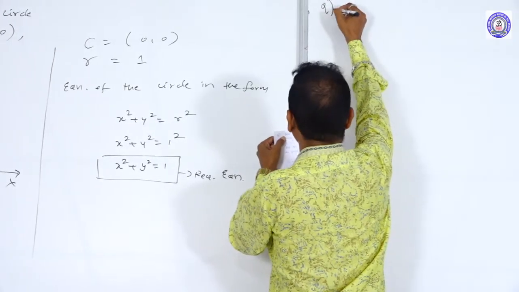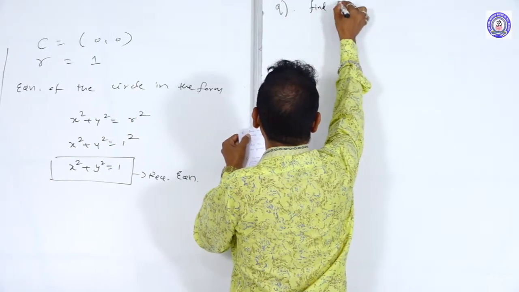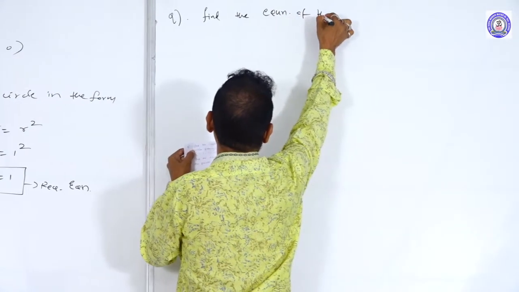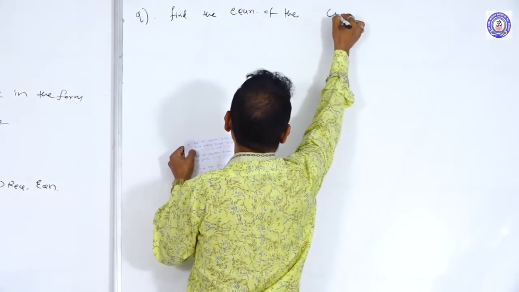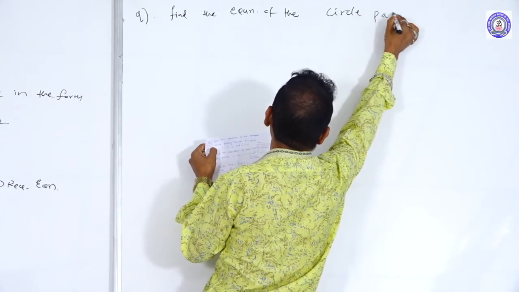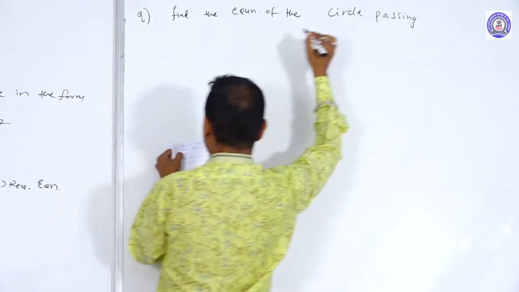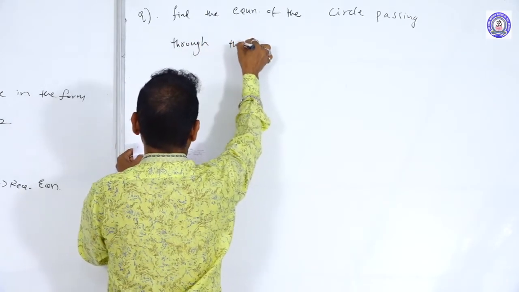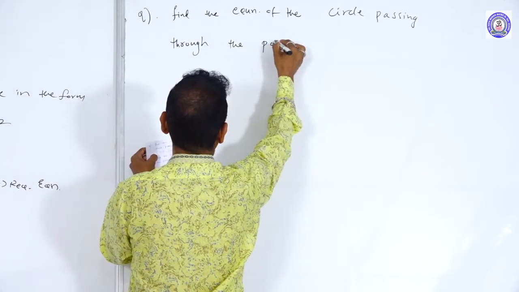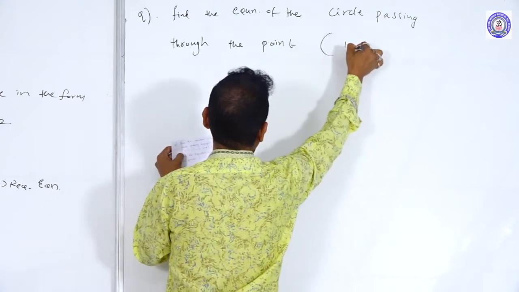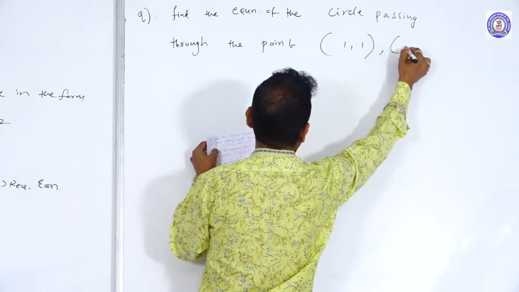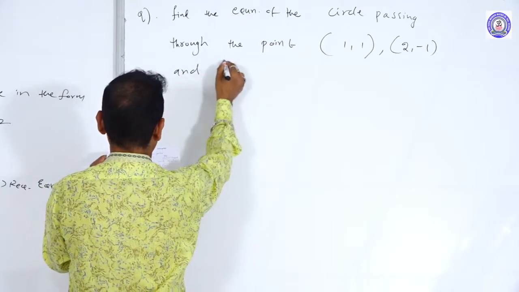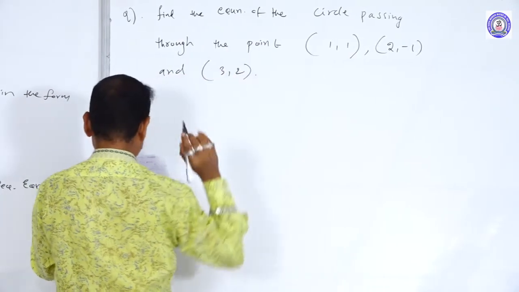Another question. Find the equation of the circle passing through the points 1 comma 1, 2 comma minus 1, and 3 comma 2.